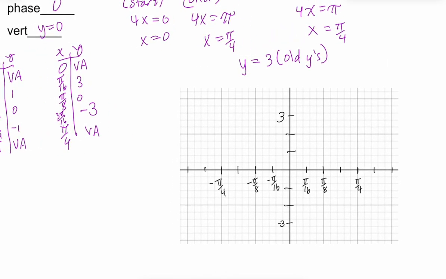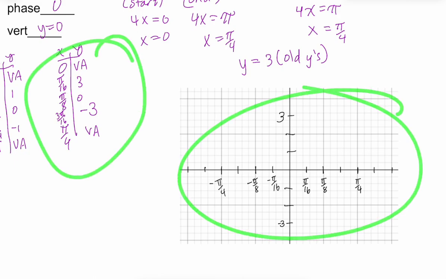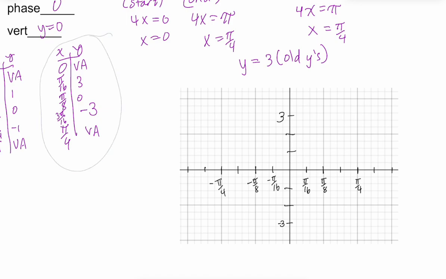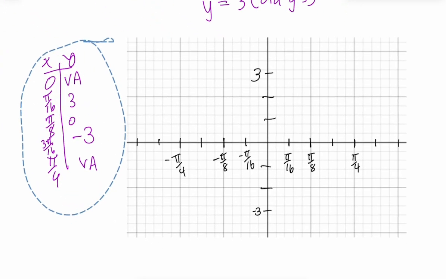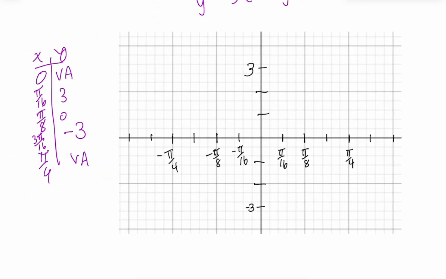Okay, now we've got our little chart here. Let's use our chart to do that. And let me pick up my chart and set it right here so I can really zoom in. So just like a tangent, just like a secant and cosecant, finding the location of the vertical asymptotes is very, very helpful. So let's put on our vertical asymptotes first.